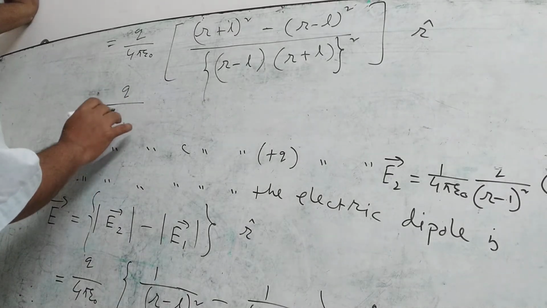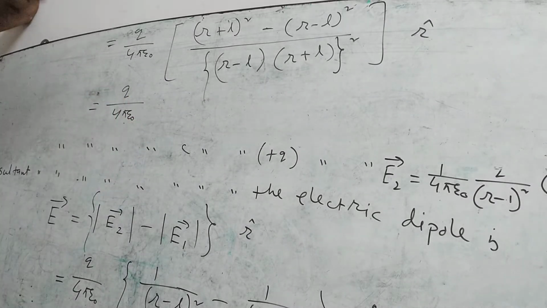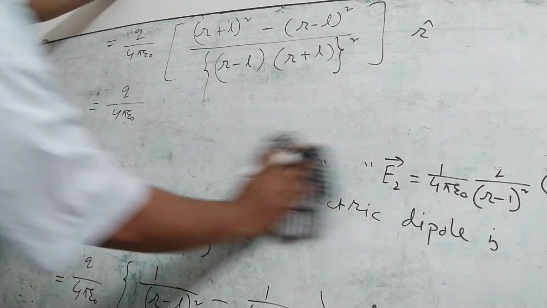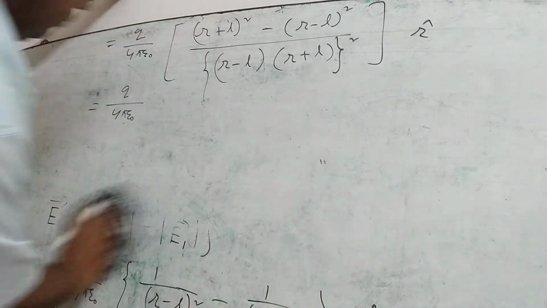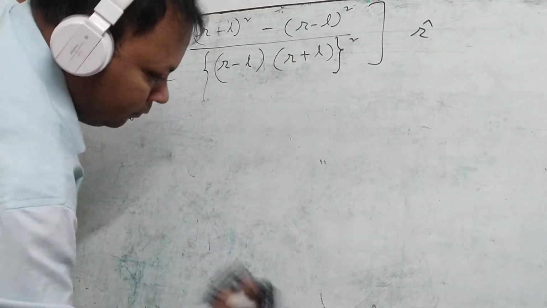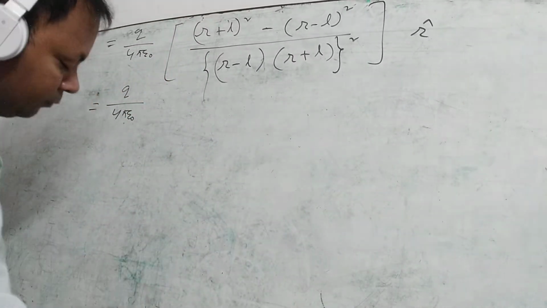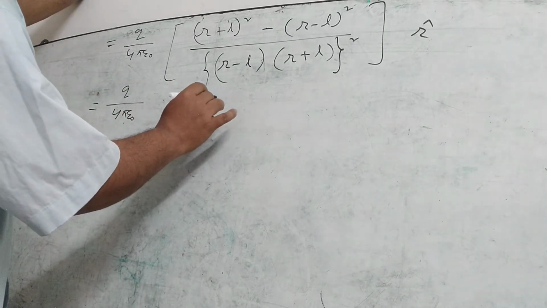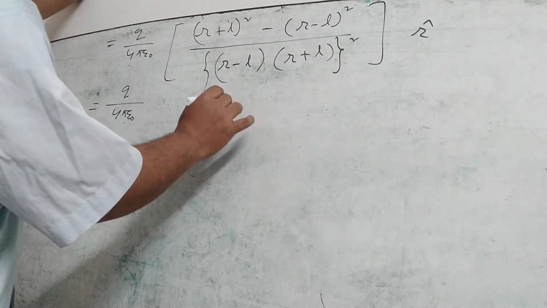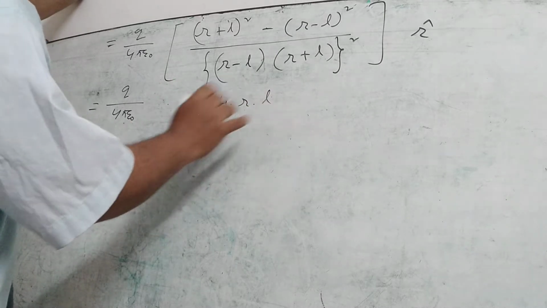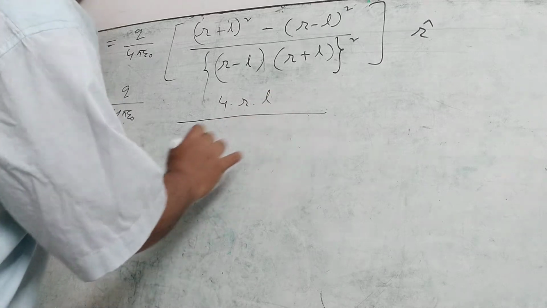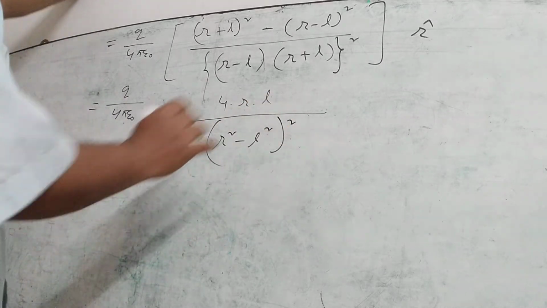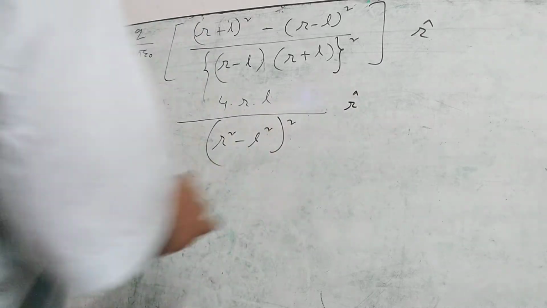This is equal to q/(4πε0) 4rl / (r² − l²)² into r cap.